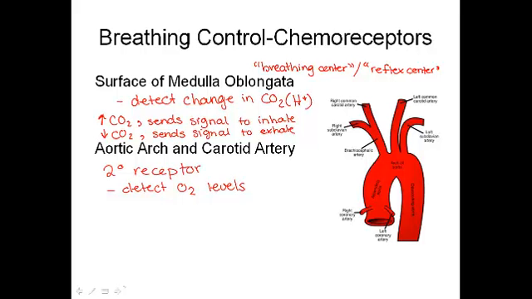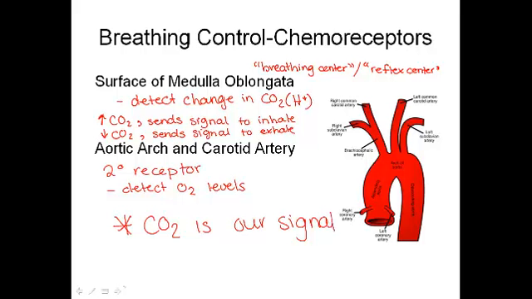Therefore, we call them secondary receptors because they don't have as big of an impact. So keeping in mind, carbon dioxide is our signal to breathe in or breathe out.